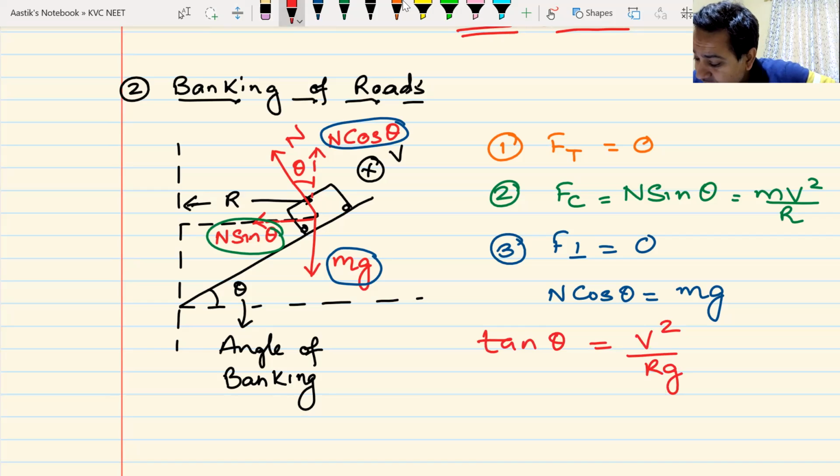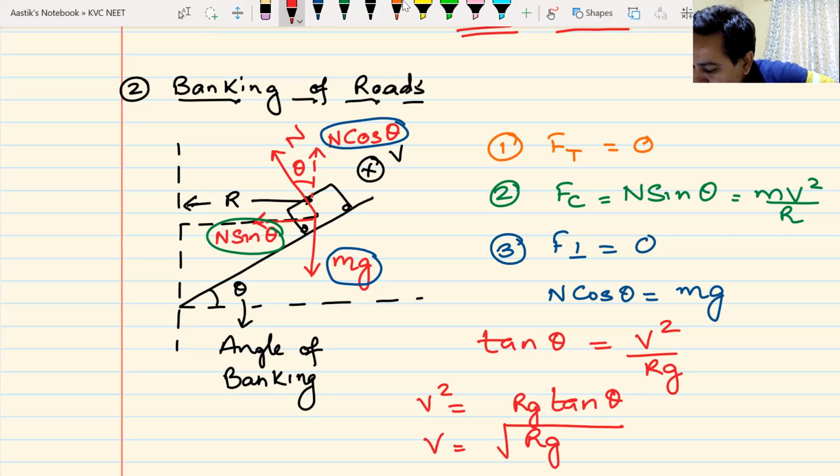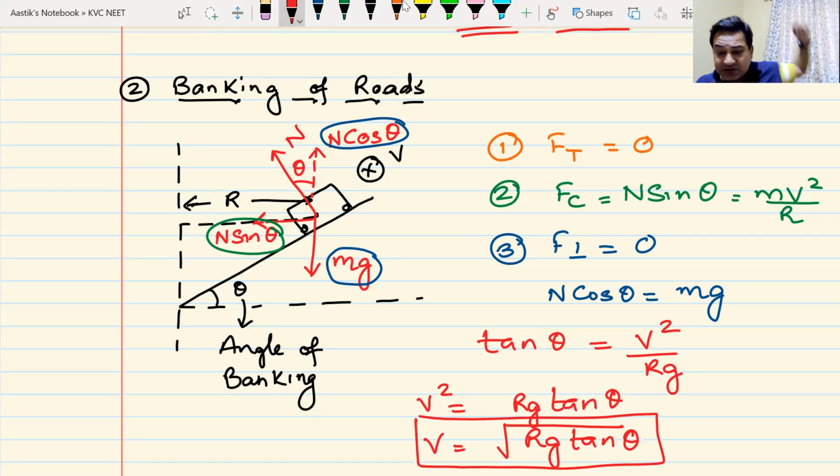Or I can write v squared is equal to rg tan theta, or I can write v is equal to root over rg tan theta, the maximum speed that is possible. Now, if you compare this with the previous equation that you know, the only difference is this tan theta.